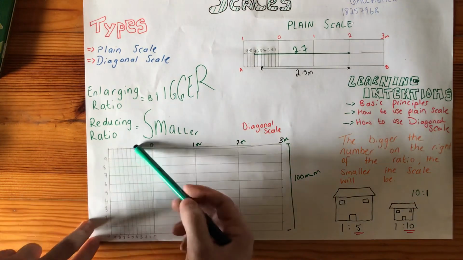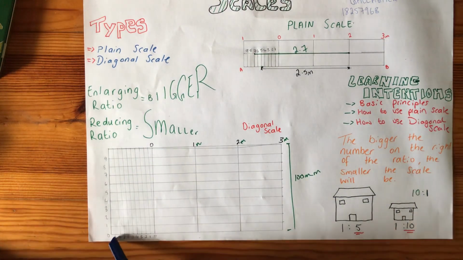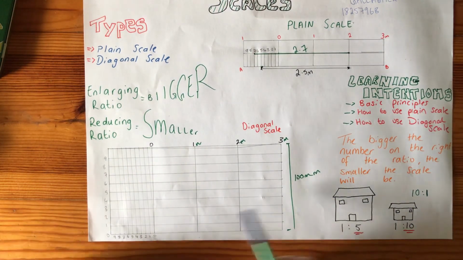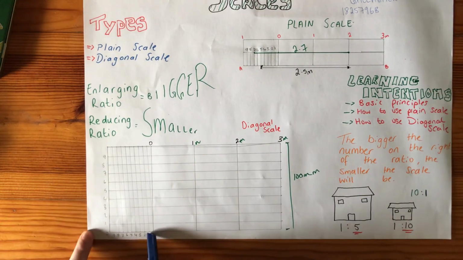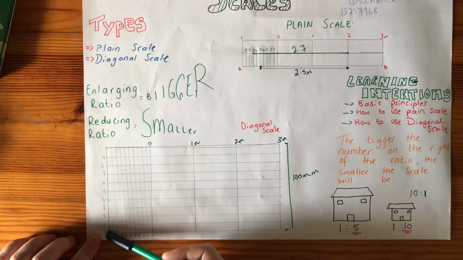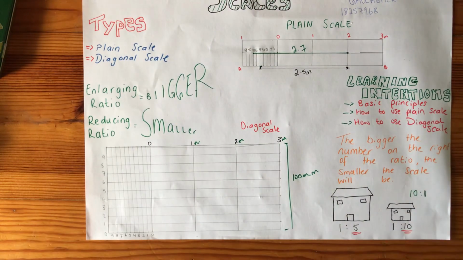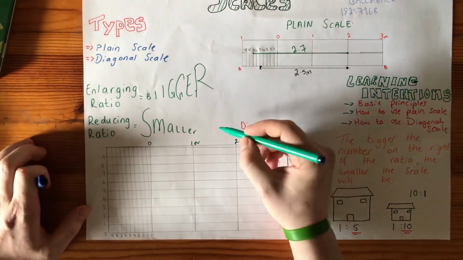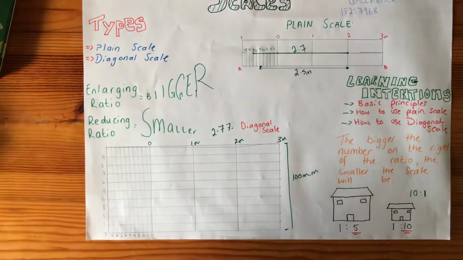So it's very important how you break up this box here. You need to start off at 9 here, because you're going to be working from this side back, so you're going to go 1, 2, 3, 4, 5 and so on, and then you're going to go 1, 2, 3, 4 up. So say we want to get a line that's 2.77 meters long.